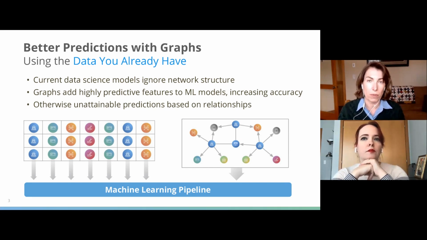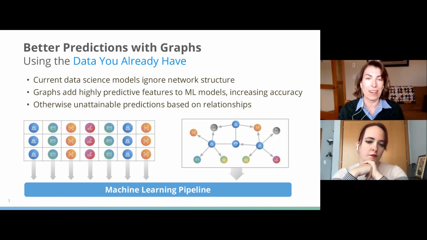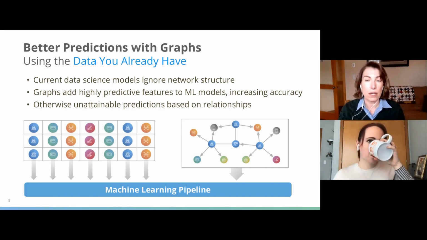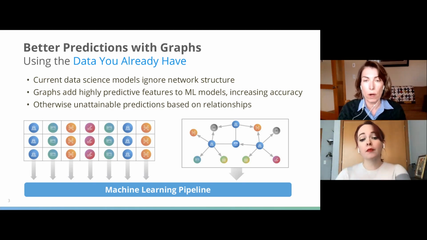If you think about something like PageRank, well, if you're not using graphs and graph algorithms, you can't understand the influence that PageRank is able to uncover, because you're not looking at it that way. One of the things that we also say is that combining these with current workflows makes a lot of sense. You don't have to throw out what you're already doing.